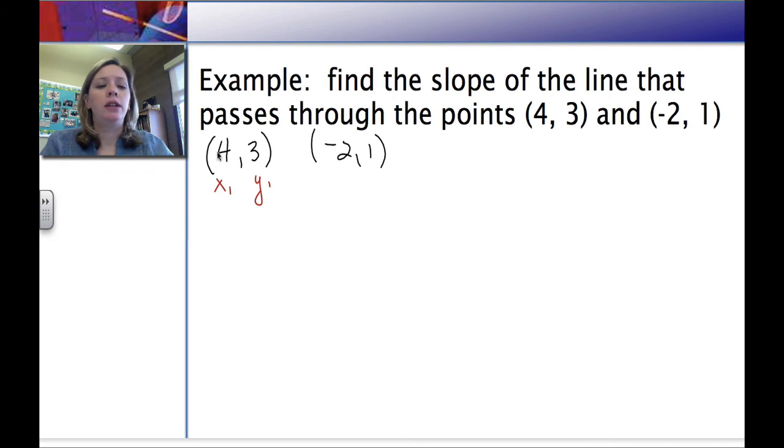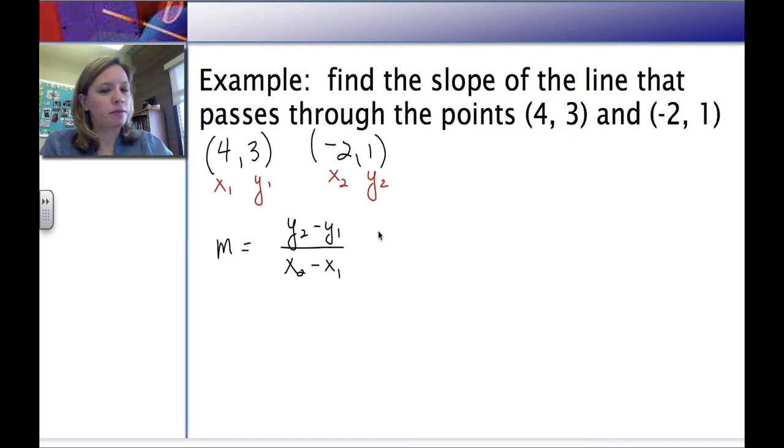So I'm going to label this. 4 is my x coordinate of the first point, 3 is the y coordinate of the first point. That means negative 2 will be the x coordinate of the second point, and positive 1 will be the y coordinate of the second point. And let's recall my formula is y2 minus y1 divided by x2 minus x1.